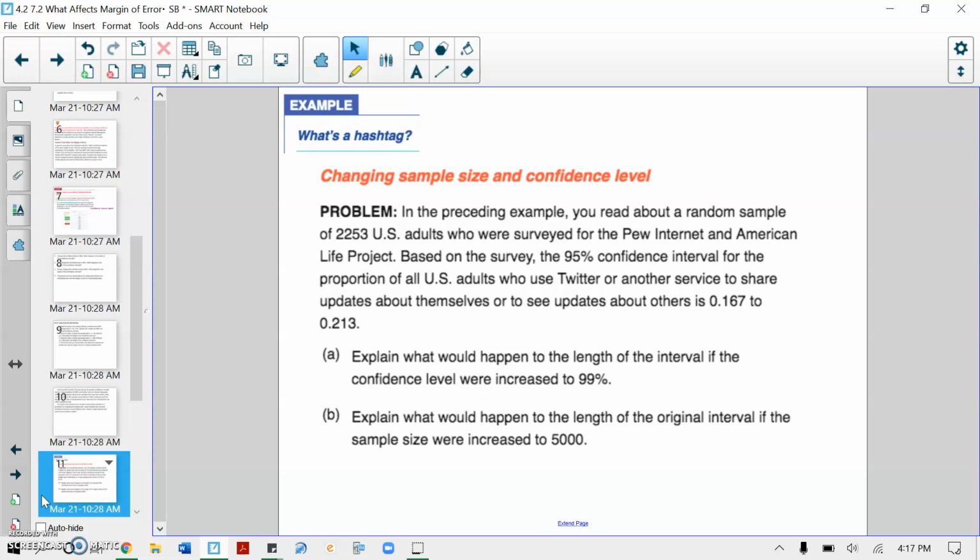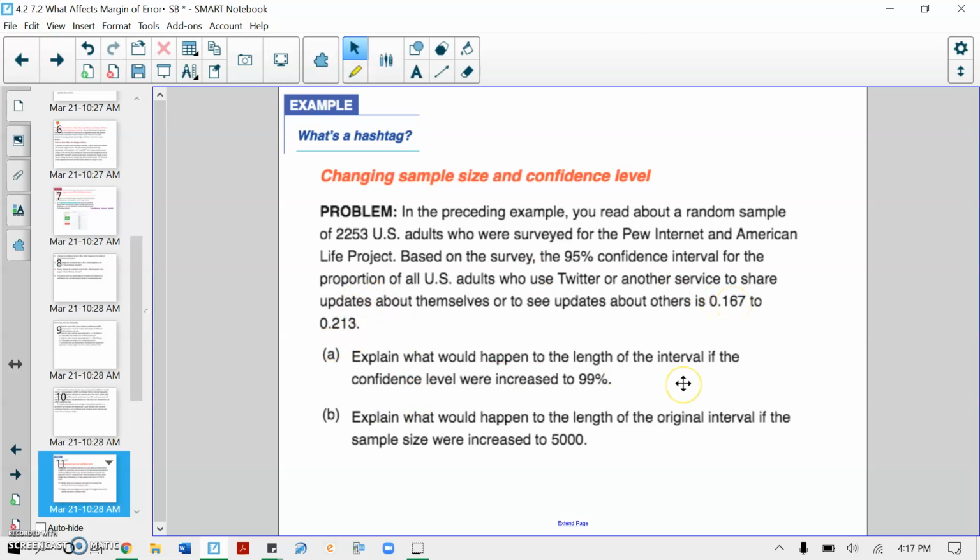Based on the survey, the 95% confidence interval for the proportion of all U.S. adults who use Twitter or another service to share updates about themselves or to see updates about others is between 0.167 to 0.213. So remember, they only surveyed this many U.S. adults, and they're using that statistic to estimate with 95% confidence that the true proportion is somewhere between here and here.